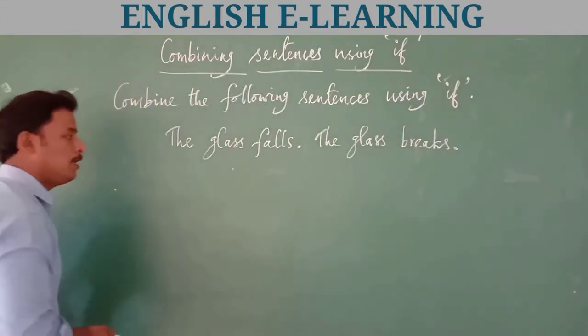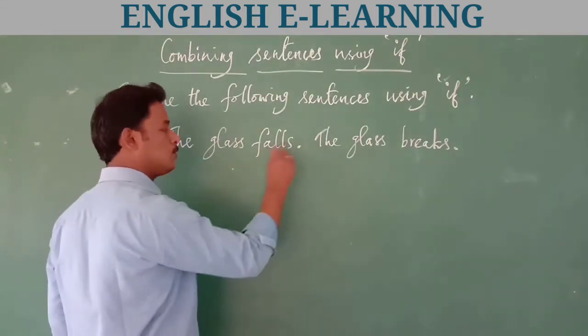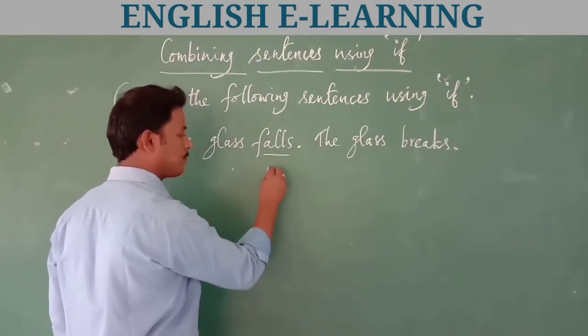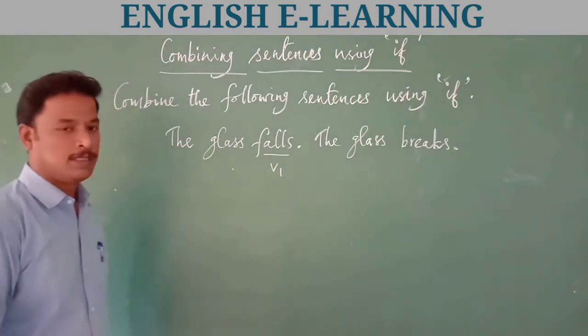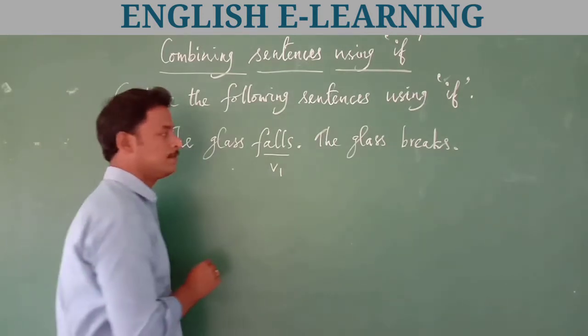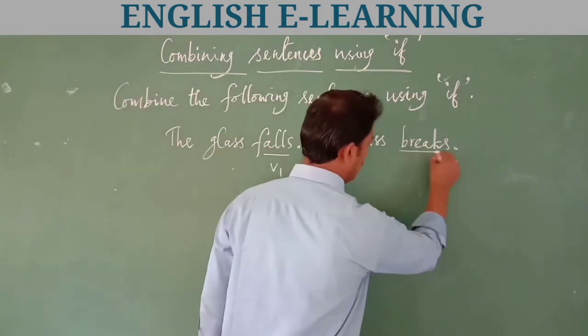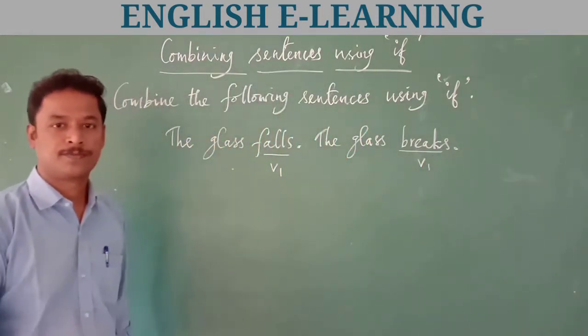Right. If you analyze the verb in these two sentences, we get the answer. The verb used here is verb 1, that is present simple, and the same verb is used here.